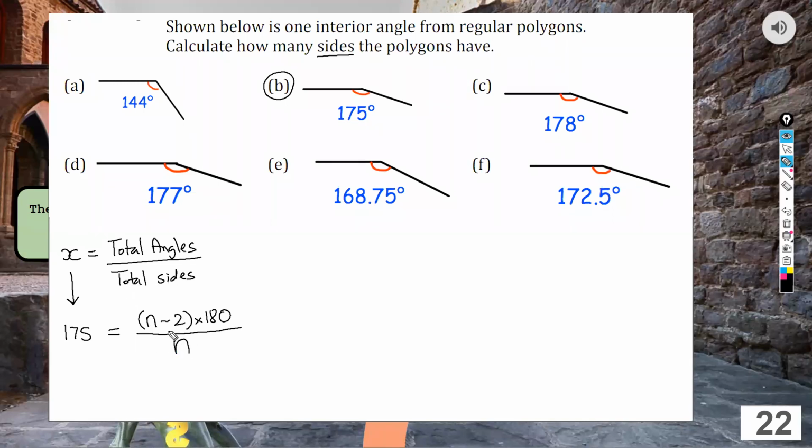And when we do that, we will get the value of each individual angle, which the examiner told us is 175. Remember, 175 is 175 on 1. I want you all to cross multiply and use your algebra skills to find the value of n.